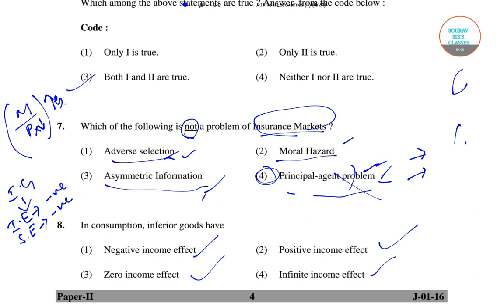So the negative income effect means a fall in the price of a commodity leads to an increase in real income, which leads to a fall in quantity demanded. Basically when income increases, due to the negative income effect the quantity demanded falls.